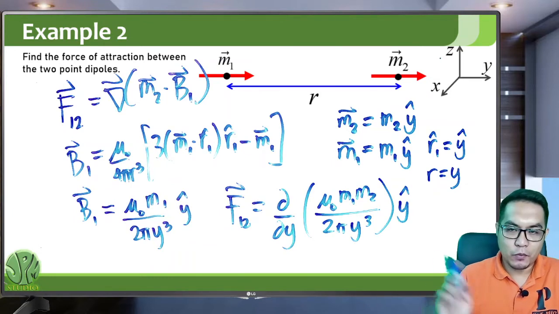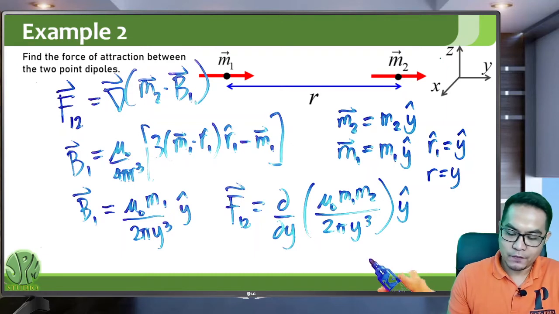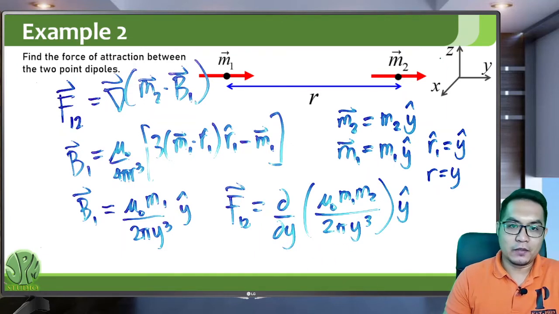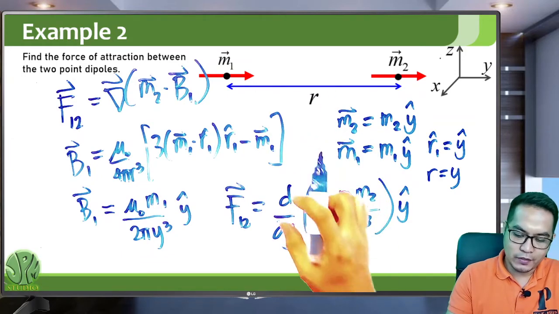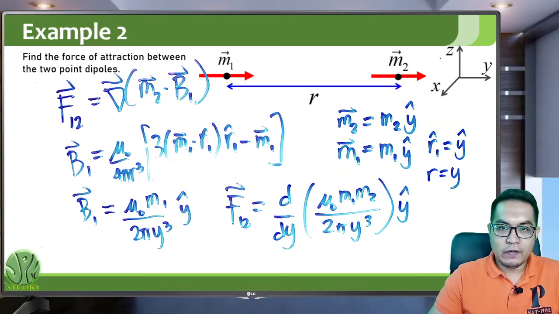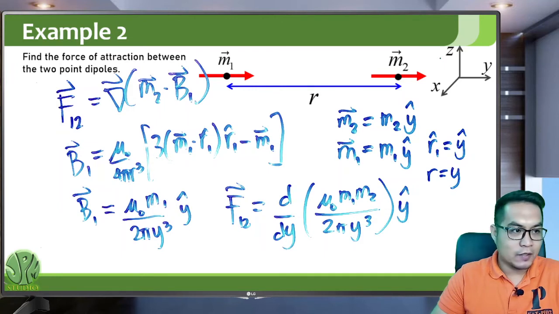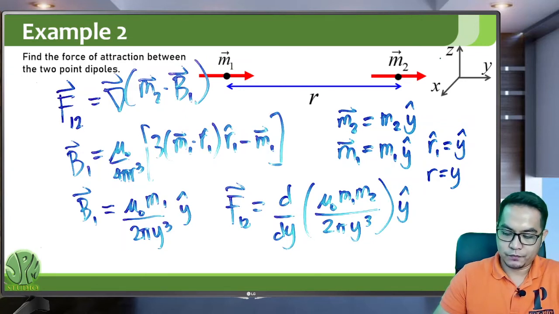The x and z components will not survive because there are no x and z terms. So take the derivative of that with respect to y. This now becomes a total derivative, no longer a partial derivative. The derivative of 1 over y cubed is negative 3 over y to the 4th.